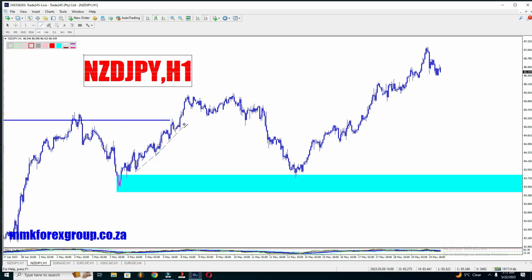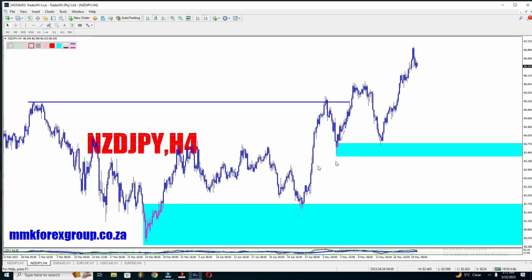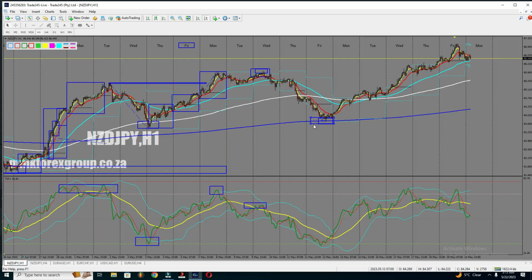As you can see, a lot of stops below that area, and that was cleared as price went back to fill those orders at this order block after breaking structure. So what we can see is when this happened on that 800 EMA, price was also interacting with this lower level, which is our extreme level on our TDI.